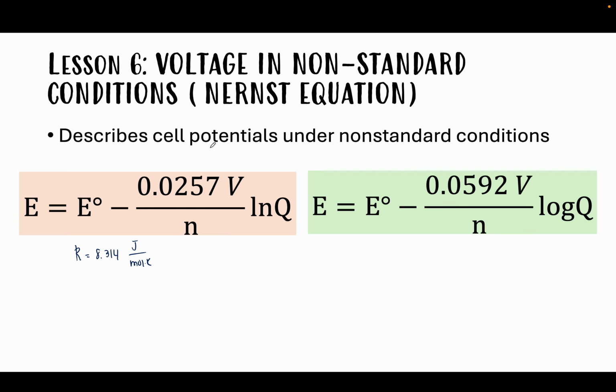Okay, so let me rewrite this again. Then we also have a temperature of 298.15 Kelvin. Faraday's constant is 96,485. What was the unit?